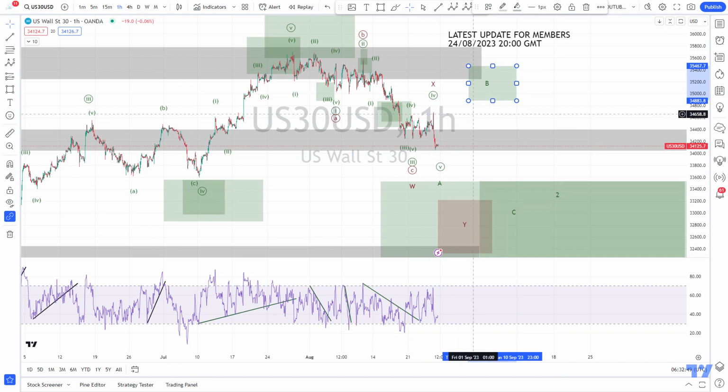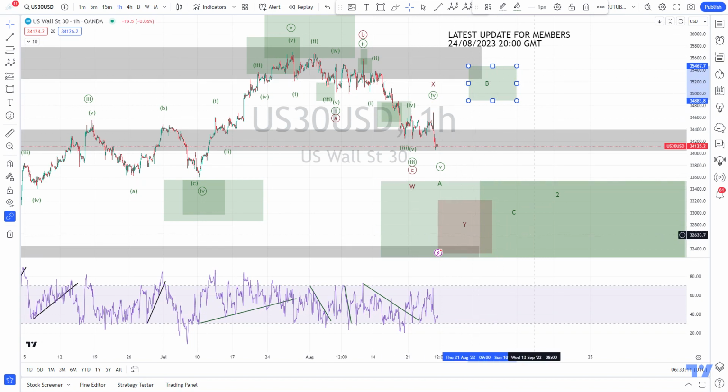It can be a really difficult structure to trade, or at least to hold your position, because we can have these drops and increases out of nothing, really unpredictable.